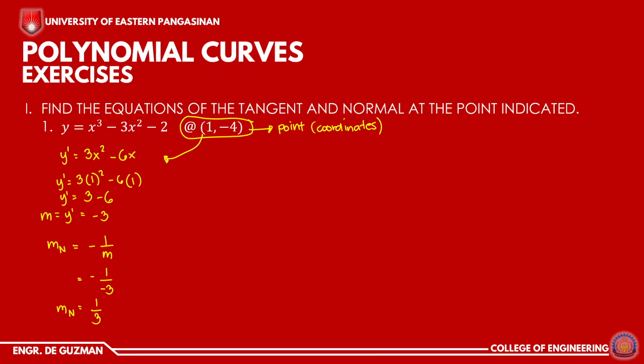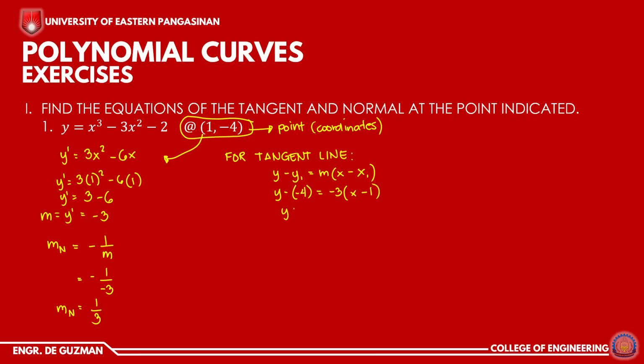So, after that, sulat natin yung equation for tangent line. So, for tangent line, meron tayong y minus y sub 1 is equals to m times x minus x sub 1. So, substitute natin, magiging y minus negative 4 is equals to negative 3, yung m natin, times x minus 1.